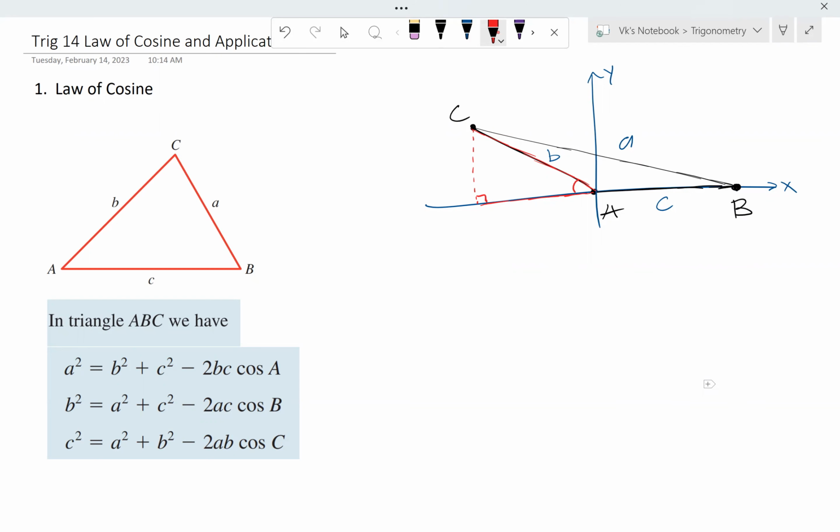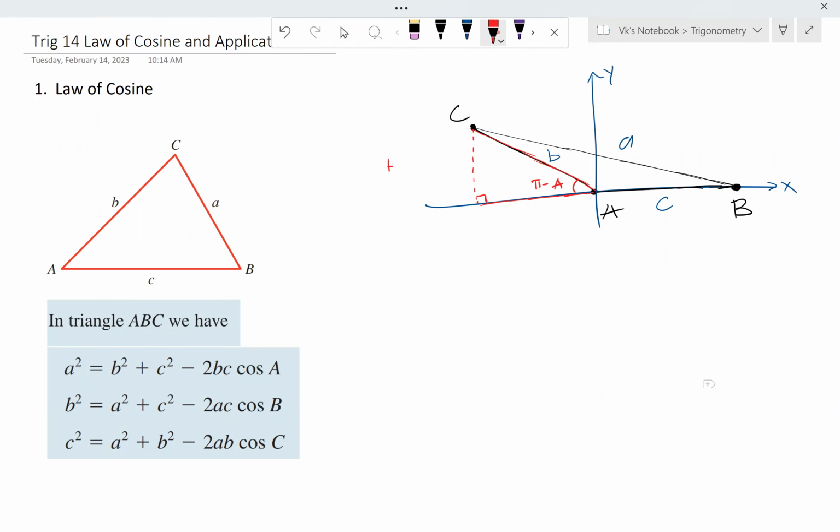The right triangle in which the angle is pi minus A. We can figure out the opposite and the adjacent side because we know sine of pi minus A is opposite divided by hypotenuse. So that means the opposite is hypotenuse multiplied by sine of pi minus A.